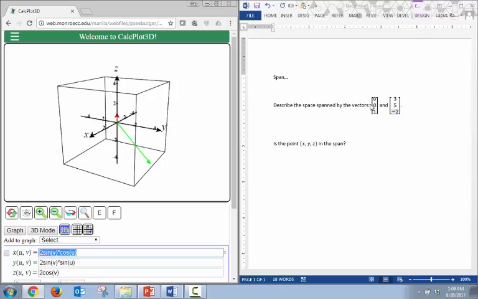So I'm going to take a look at the X components of the vectors, and I'm going to multiply my first component of the first vector by U, and then add it to the second vector's component times the parameter V. So do you see where 0 and 3 came from?